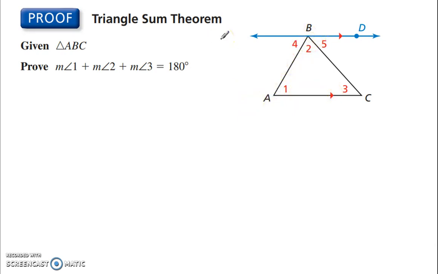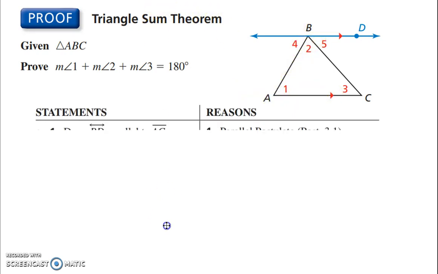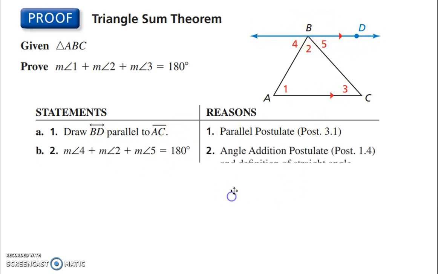And in order to do that, I'm using the parallel postulate that says to any line through a point not on a line, there's a parallel line. So I'm drawing a parallel line, and I know that these three angles add up to 180. 4 plus 2 plus 5 add up to 180 degrees.